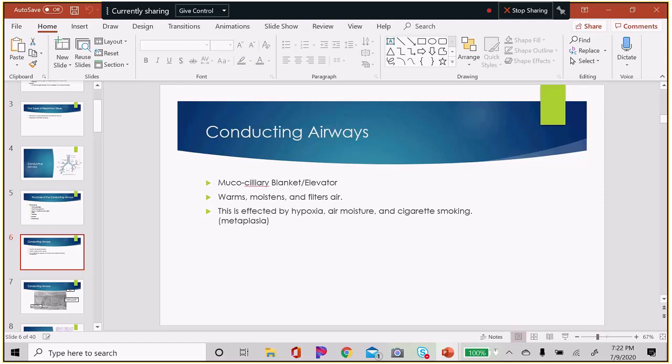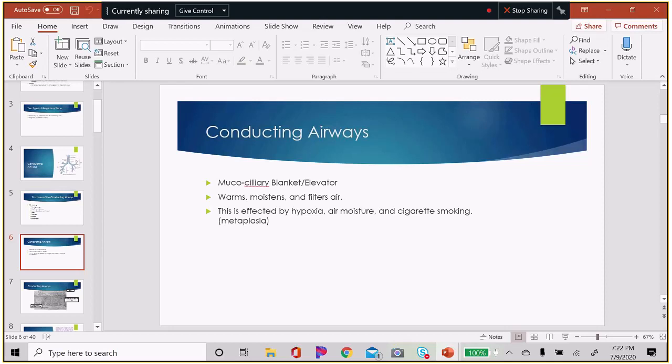The blood supply to the conducting airways warms and humidifies the air, and then foreign material or microbes could end up stuck in the mucus, and then the ciliary blanket and our cough, which is the elevator, can help expel those things before they can lead to an infection. So this is an essential part of our first line of defense, the barrier.